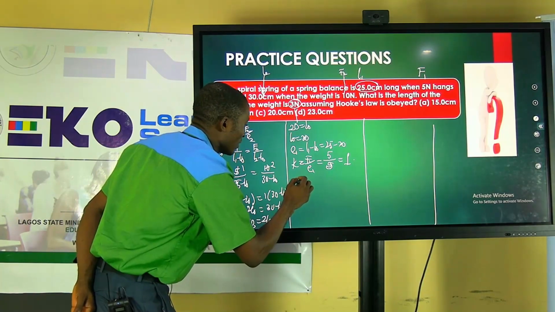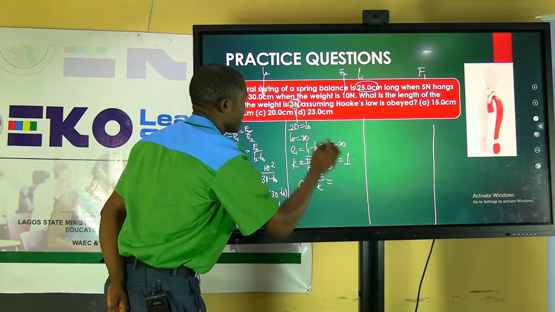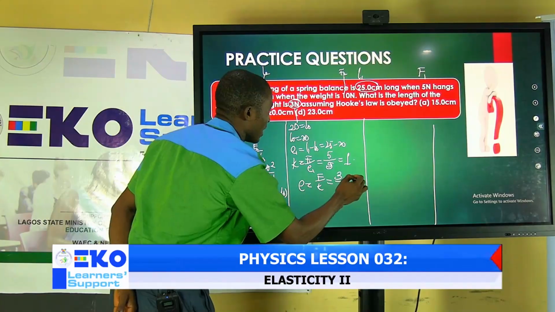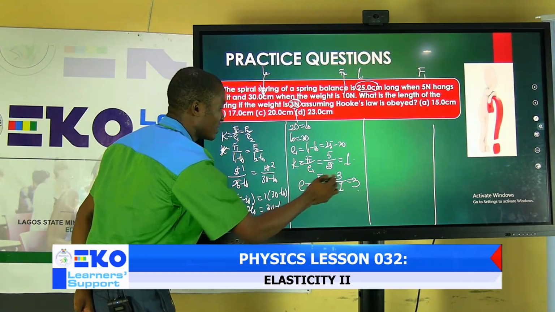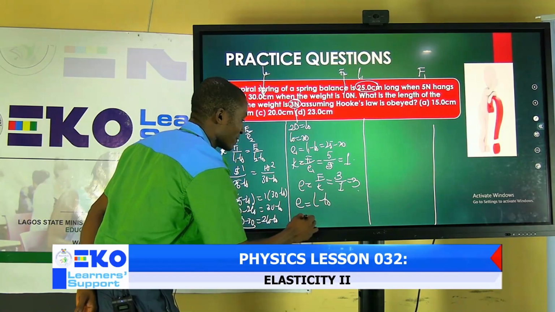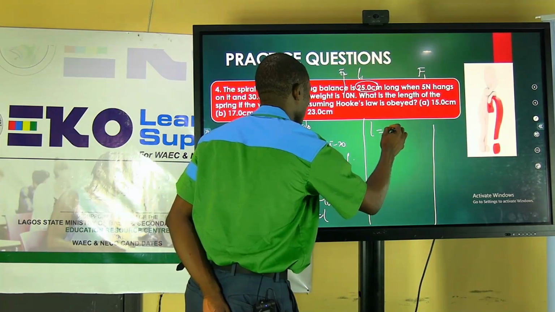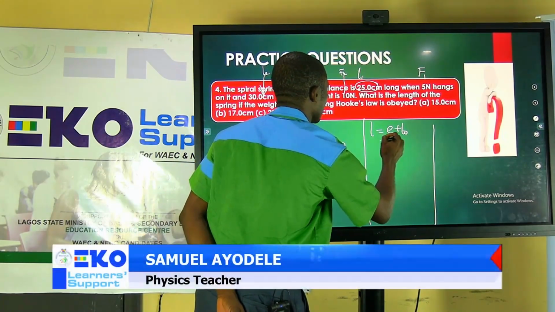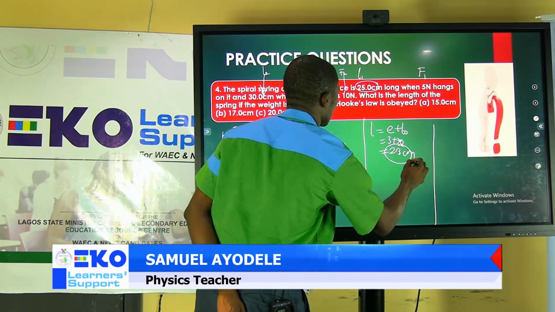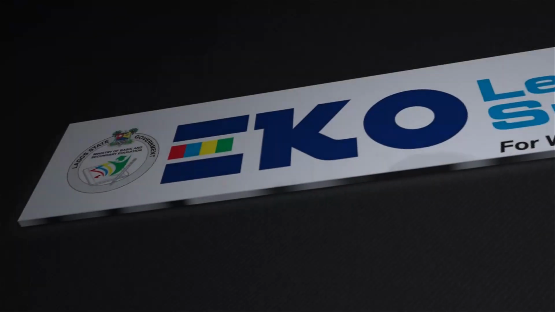So extension equals F over K. The force acting is 3, over the constant, which is 1. So the extension is 3. Our extension equals the length we are looking for minus the original length. So the length we are looking for is extension plus original length. That's 3 plus 20, which gives us 23. So the correct option is option D.